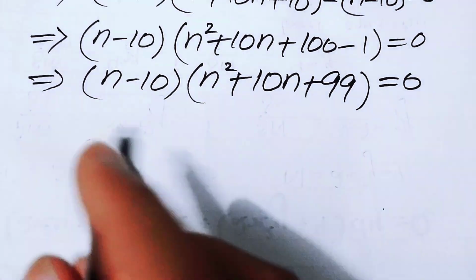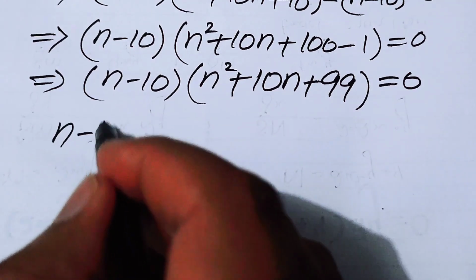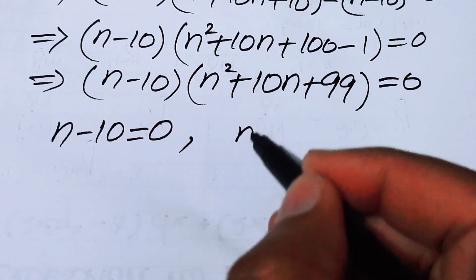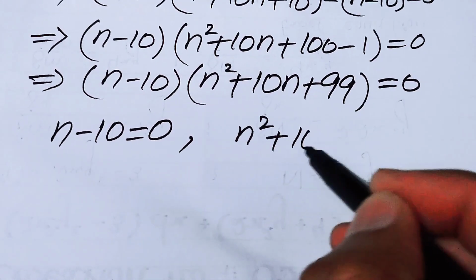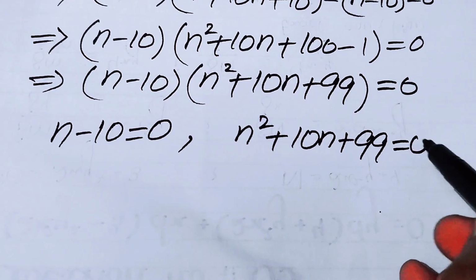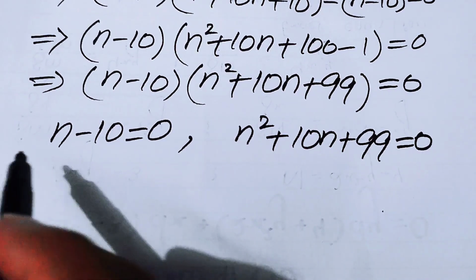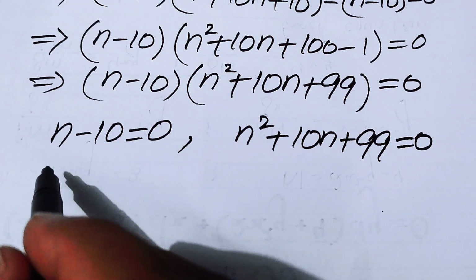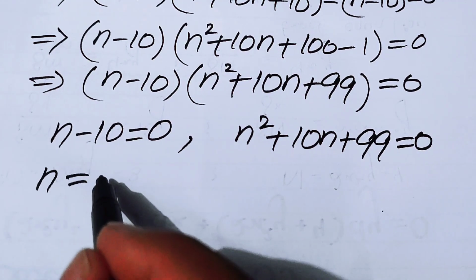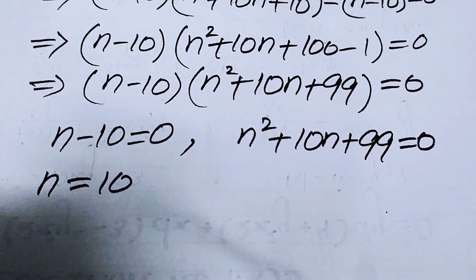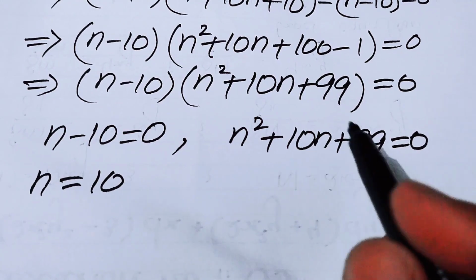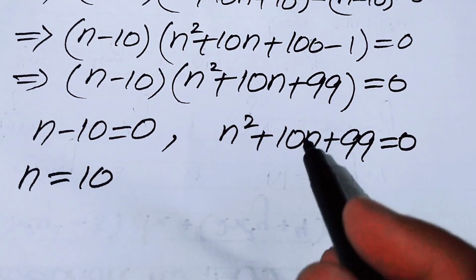The first case is we take n minus 10 is equal to 0, and the other case is we take n squared plus 10n plus 99 is equal to 0. So in the first case we get the value of n is equal to 10, and in order to find the other roots we will solve this quadratic equation.